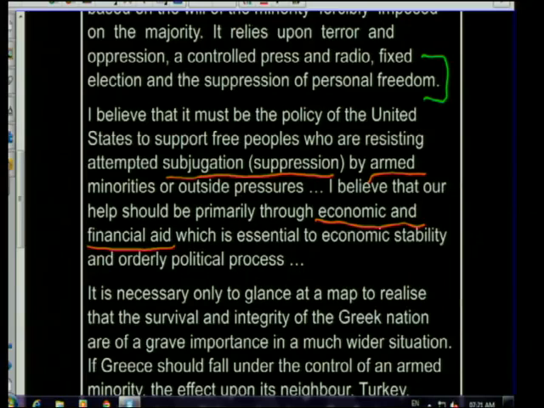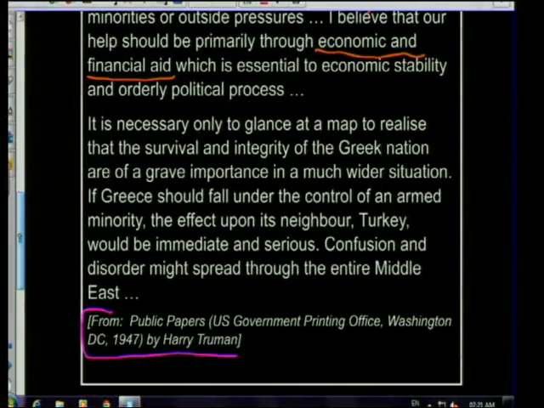That is the reason that he wanted to ensure economic stability and orderly political process. So in fact, after the Second World War, what he wanted to ensure was that there was peace and stability in Europe. And that was the reason or the basis of the Truman Doctrine.